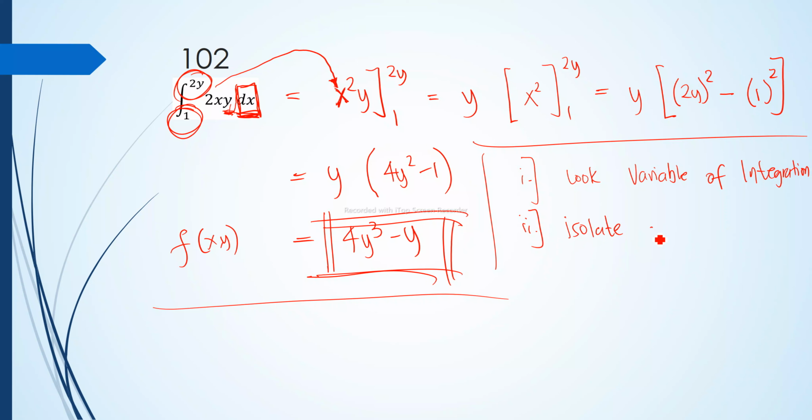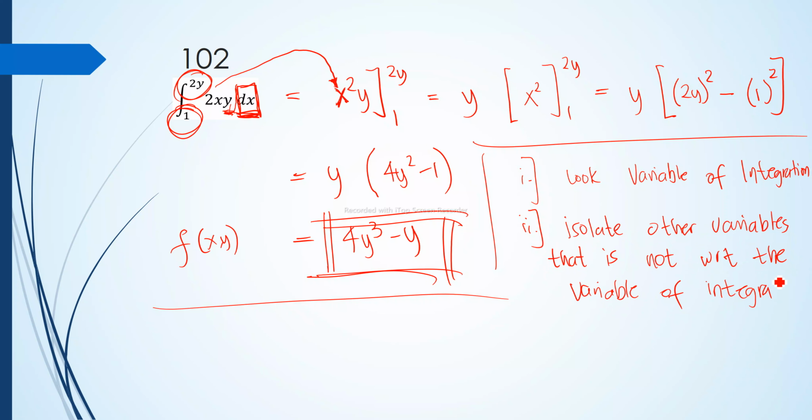Isolate the other variables that are not the variable of integration. So with dx, the remaining variables, say y or z, should be isolated and treated as constants.